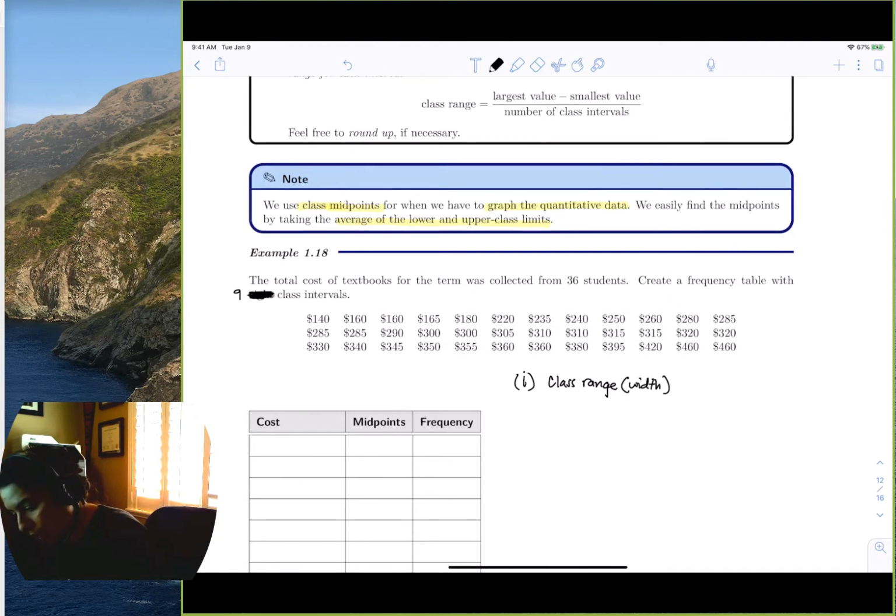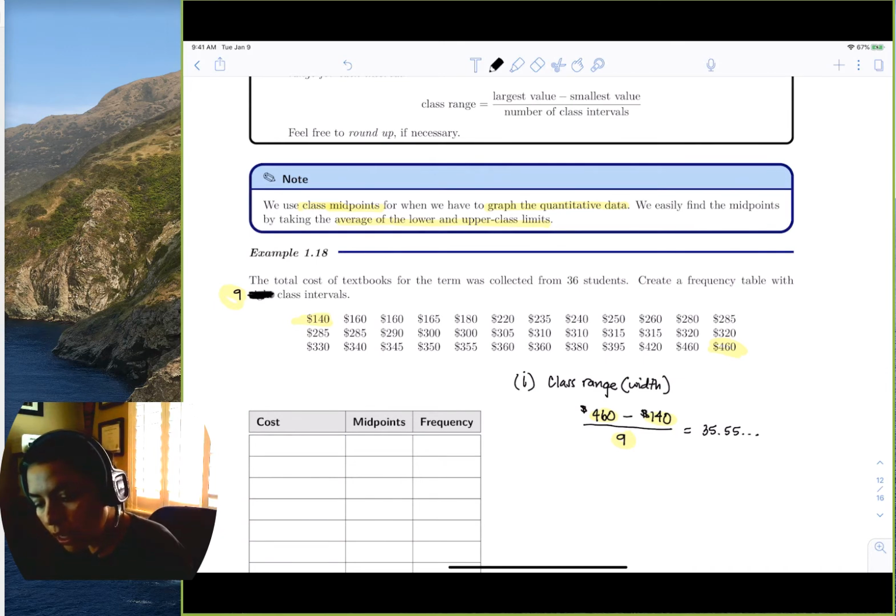We take the largest textbook value, which is 460, and subtract the smallest, which is 140, and divide by the number of class intervals. We wanted 9 class intervals, so we divide by 9. If we do that, we get a decimal of something like 35.55 repeating.